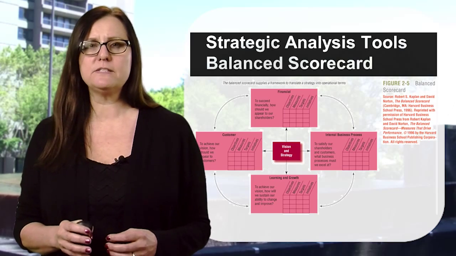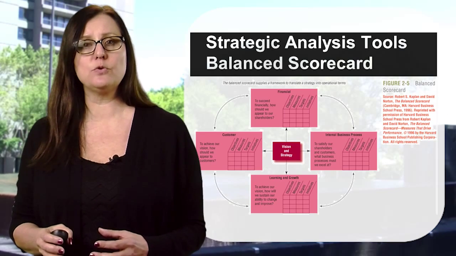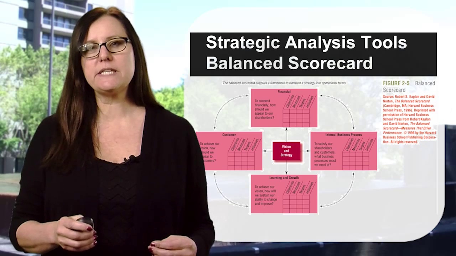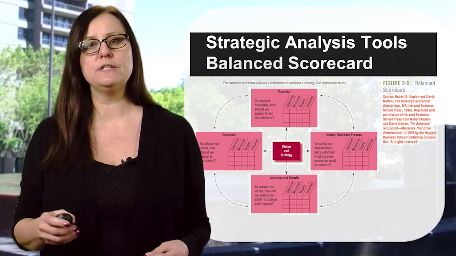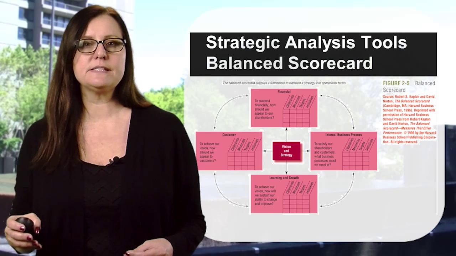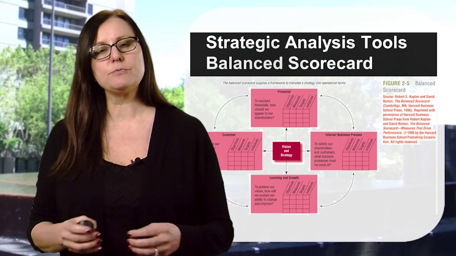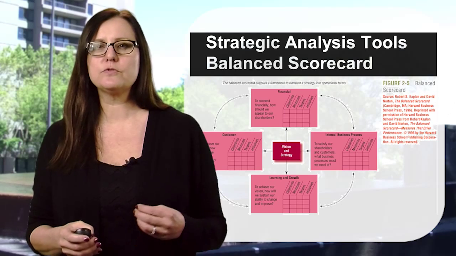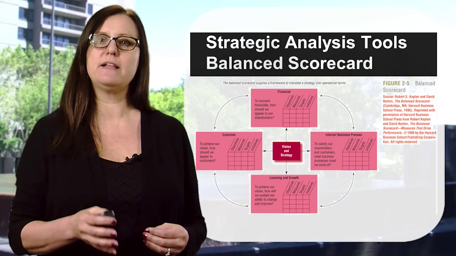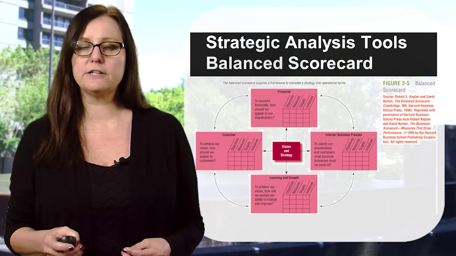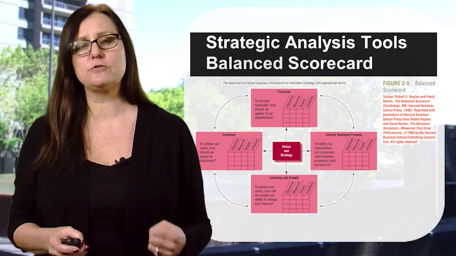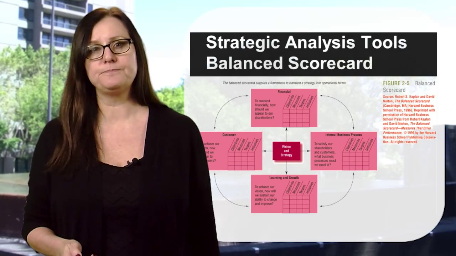Now, the balanced scorecard is a very popular tool, and it gives you a template to analyze the customer, the financial, the business processes, the opportunity for the customer, and where we're looking at learning and growth. So it gives you this balanced perspective and allows you to score it. So this could be considered a good and common strategic analysis tool.